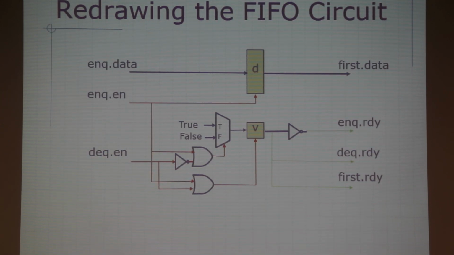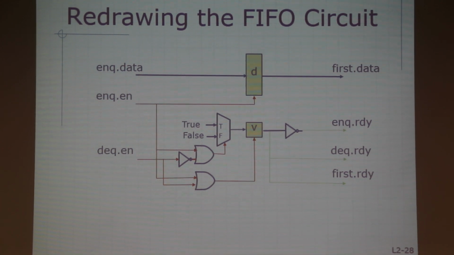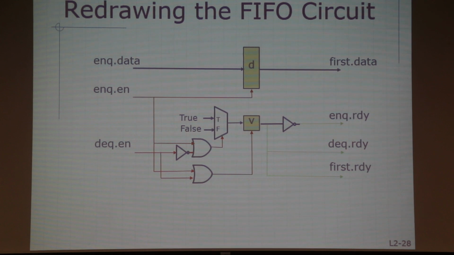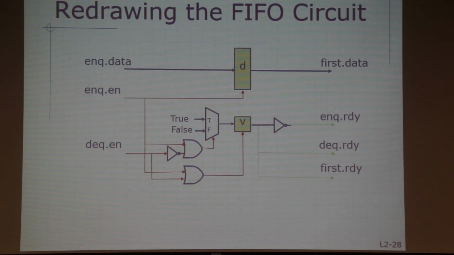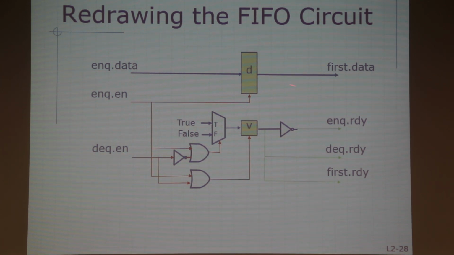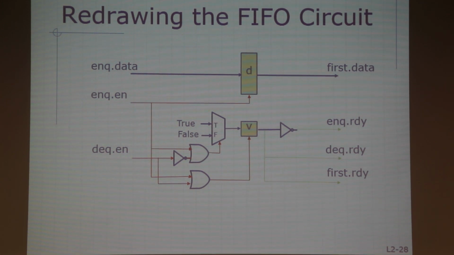Okay. This is the main picture I want to draw for you. I have taken whatever I did on the previous slide and redrawn it slightly, in terms of what are the input wires and what are the output wires, because that's how we think of our circuits, right?